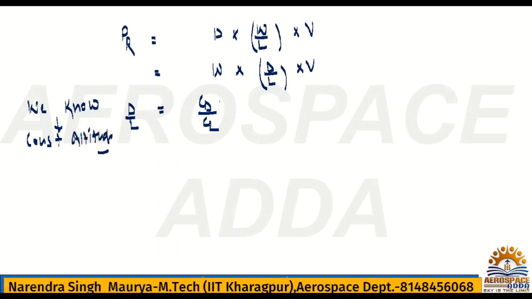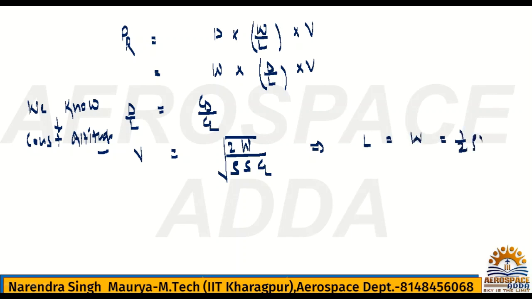D by L is equal to CD by CL. And what is the velocity? Velocity is nothing but the square root of 2W divided by rho S CL. Yes or no? How do you get this? It came from lift is equal to weight is equal to half rho V square S into CL. So from here you can get the velocity.